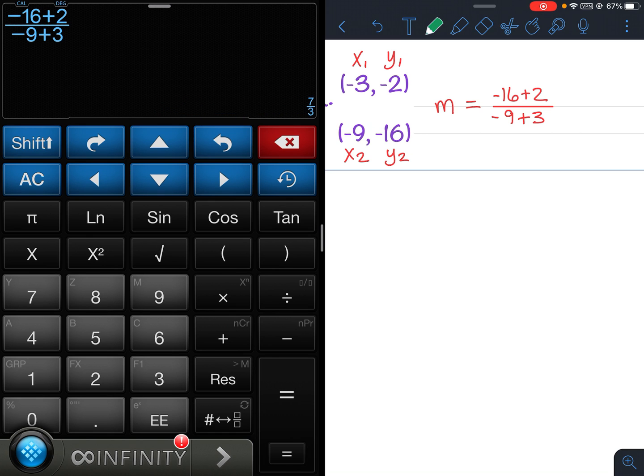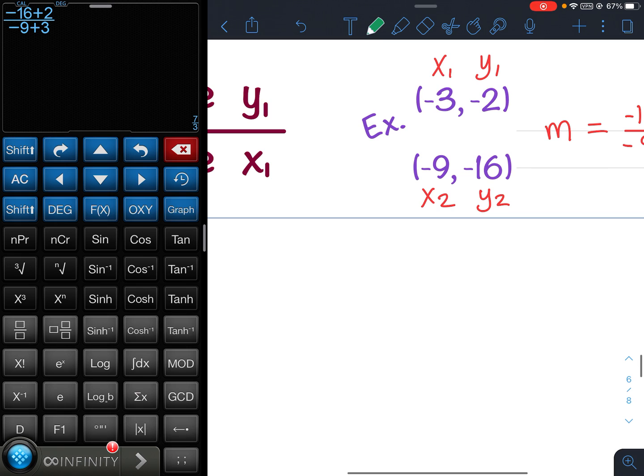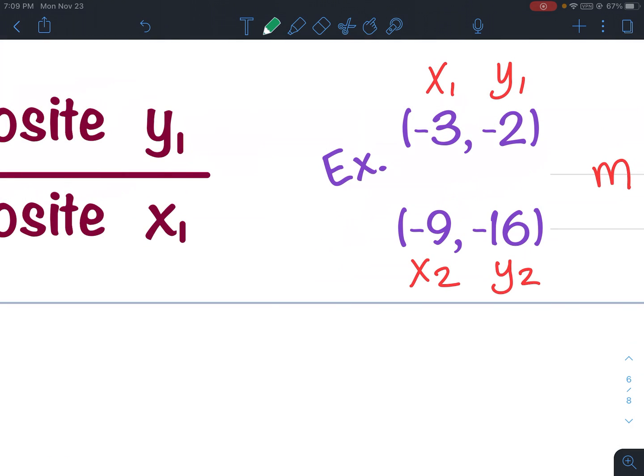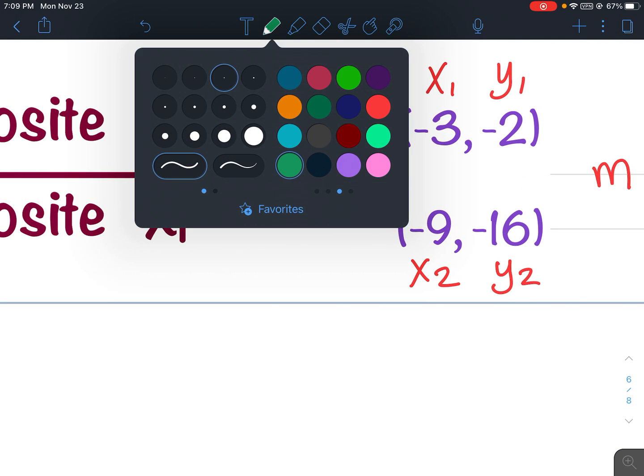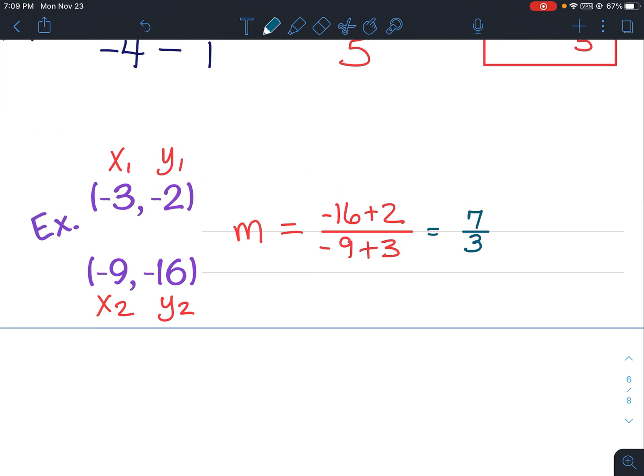And I get 7/3. So again, for my final example, slope equals 7/3.